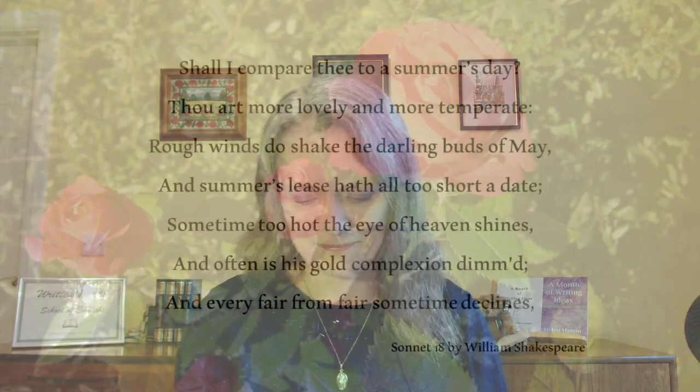I is the subject doing the action, and thee is the person on the receiving end. And the second line is, "Thou art more lovely and more temperate." He uses thou here because thou is the subject this time. Thou art, you are. So let's enjoy the whole sonnet.